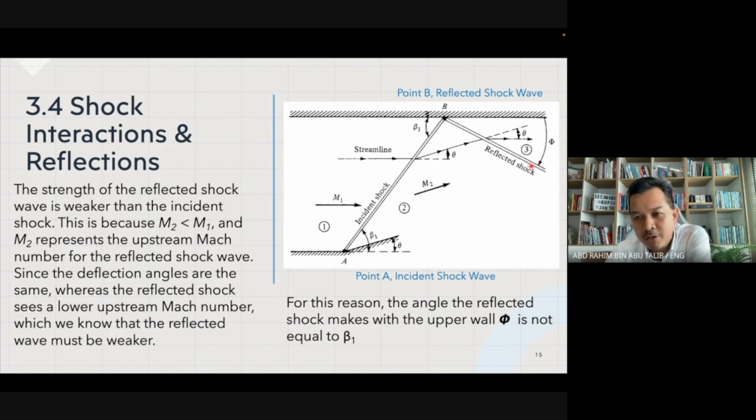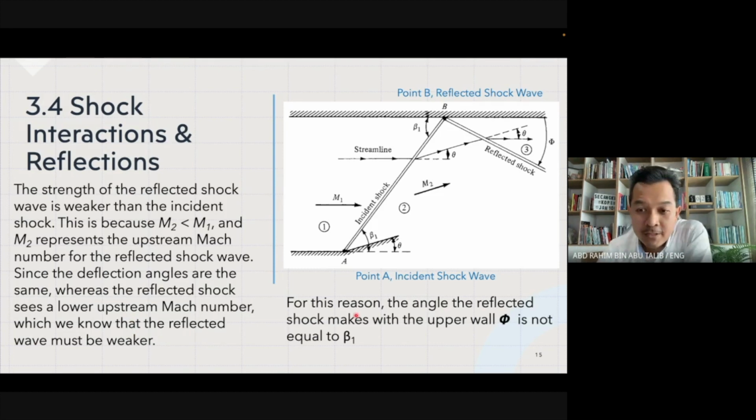This is because M2 is less than M1, obviously, and M2 represents the upstream Mach number for the reflected shock. So M3 is less than M2. Since the deflection angles are the same, whereas the reflected shock sees a lower upstream Mach number, we know that the reflected wave must be weaker.